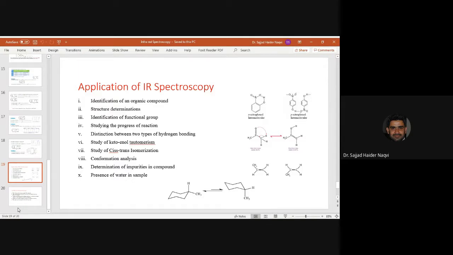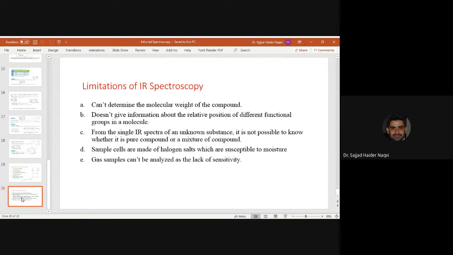Distinction between two types of hydrogen bond, study of the keto-enol tautomerization, where one form of the isomer is converted into another form, and that's how you see how this change is taking place. Study of cis-trans isomerization, which is another conformational change, conformational analysis of different other types, determination of impurities in the compound can also be one application, and presence of water in a sample is another application.